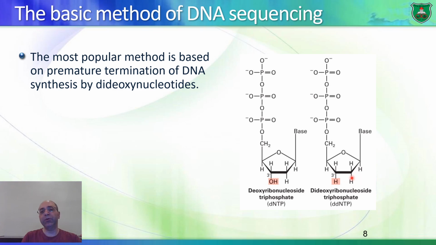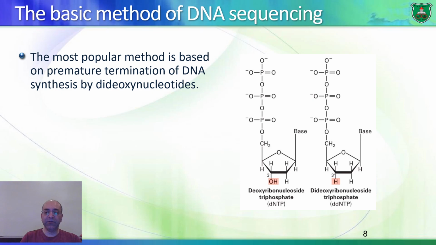It's missing a hydroxyl group, and there is another deoxy group right here as well. So it's missing an oxygen. This means that whenever this is added to the DNA, no other nucleotide can be added to the 3' end. No phosphodiester bond would be formed because there is no hydroxyl group. There is no reactive group. So DNA synthesis, as a result, stops at this point. This would be the very last nucleotide that is added to DNA.